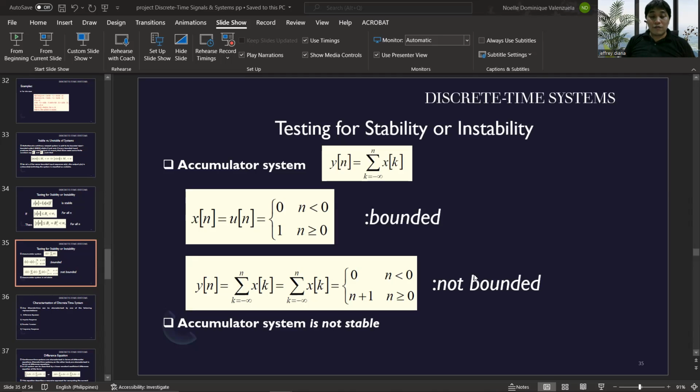So another formula: y(n) equals the summation from k equals negative infinity to n of x(k), which is 0 for n less than 0, and n plus 1 for n greater than or equal to 0. This is not bounded. So this accumulator system is not stable.